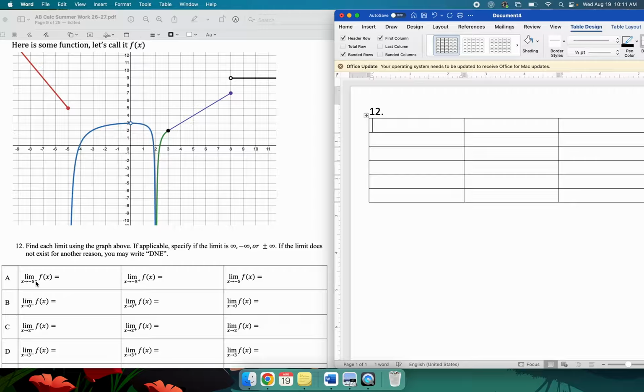So that's a left-handed limit. Likewise, in this problem here, you see this little plus. That plus indicates that you're thinking about what is happening to the value of the function as x approaches -5 from the right.